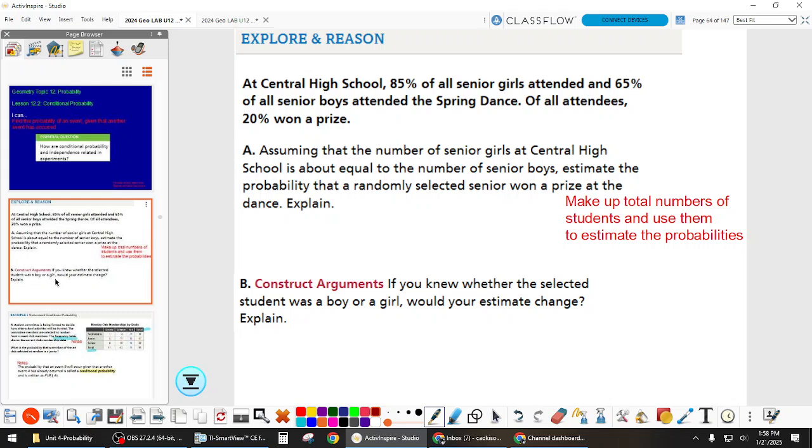So a little bit more complex given statement, and then our question is a little bit more involved. Do you think it's more likely? Oh, let me ask you this way. Do you think knowing the gender of the student affects knowing whether they won a prize?